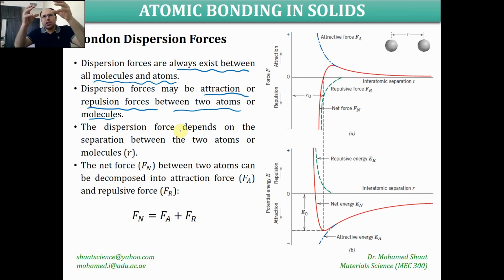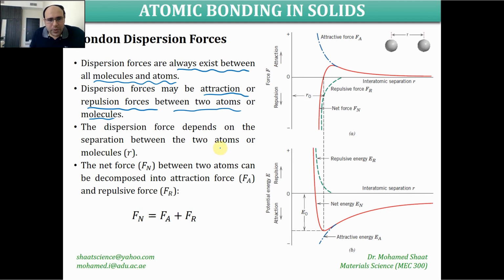It is attractive if the two molecules are apart from each other at a certain distance, but when they come very close to each other, this force becomes repulsive. This explains the repelling of the electrons that happens when the two molecules collide, as we explained before. So there should be some repulsive force upon coming very close to each other. This is what makes the electrons repel, right?